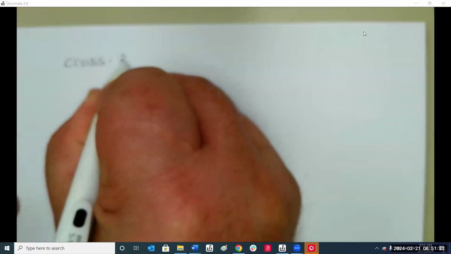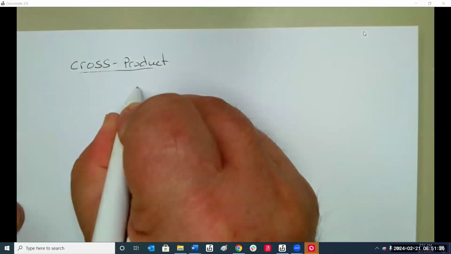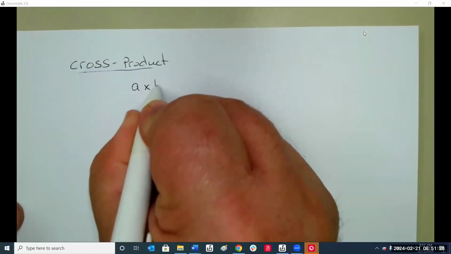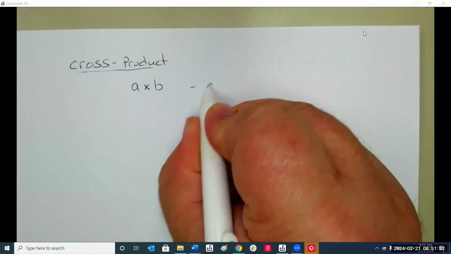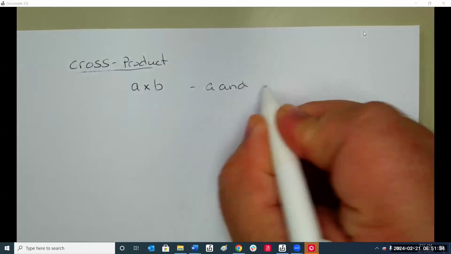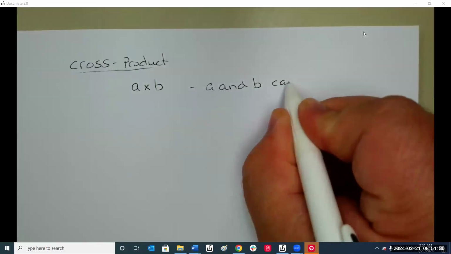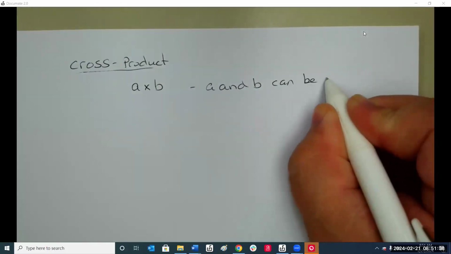All right, so let's continue back to the lecture of multiplication. The cross product, we're going back to the cross product. Like A cross B. A and B can be sets.